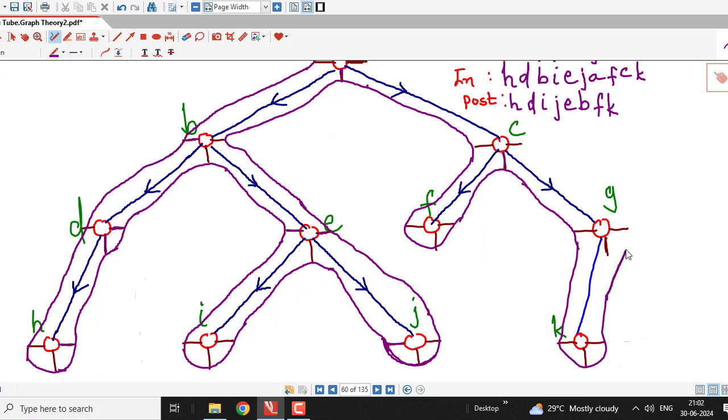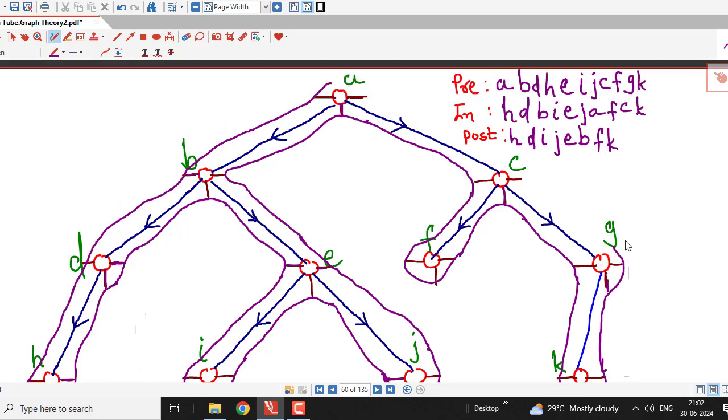Then I am going in this direction, so you can see here I have to go in this way. This is in-order for G and then post-order for G, so I have to write G in in-order as well as in post-order, because I have to move in this way. First I will touch this line which is for in-order, and then I will touch this line, that is for post-order.